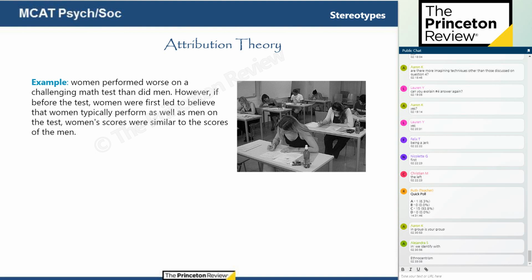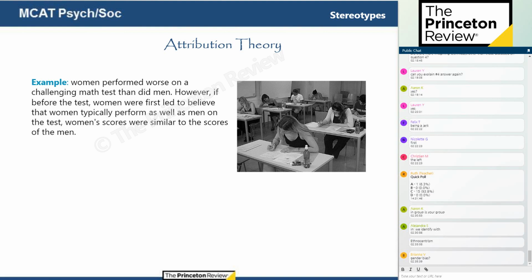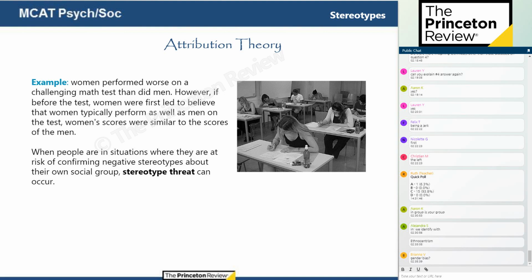And by the way, why do women typically perform worse on math tests, according to this line of thinking? Absolutely gender bias. Stereotypic thinking. Men are better at math than women. Okay.